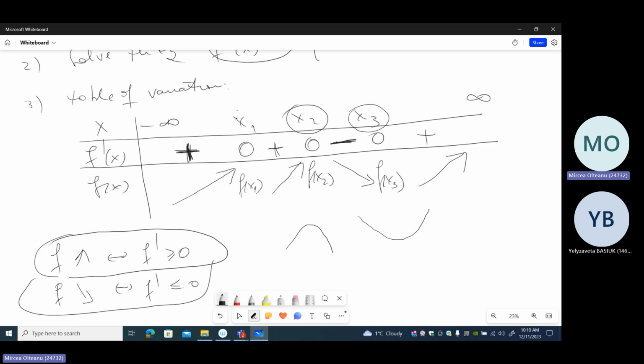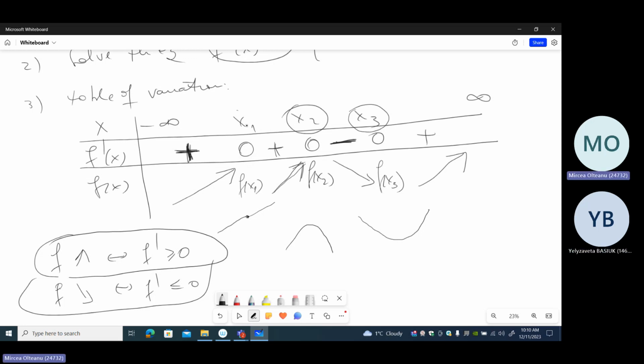What about x1? At the left, the function is increasing. It arrives here, and then what does it do? It is increasing again. So it goes like this. So x1, is it a local minimum or a local maximum?